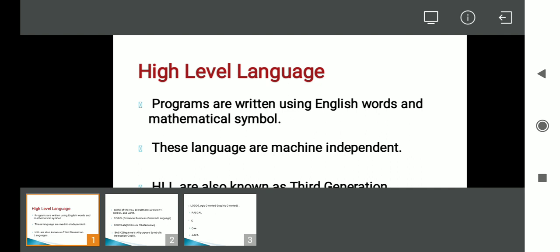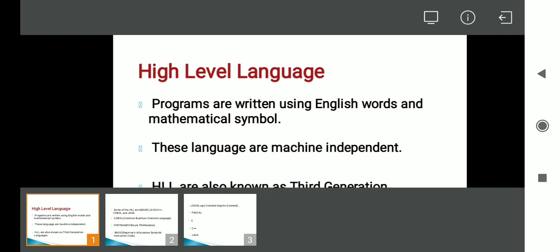Low level language doesn't require any compiler or translator, because the machine easily understands the low level language. In assembly language, you have learned it uses mnemonics or symbols, and they require an assembler. They require a translator to translate the program. Understood?